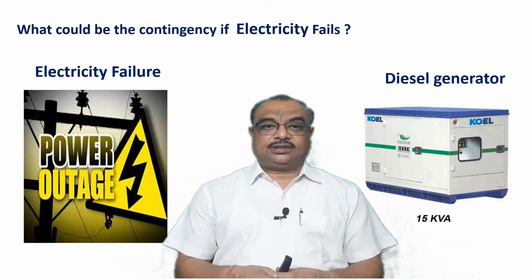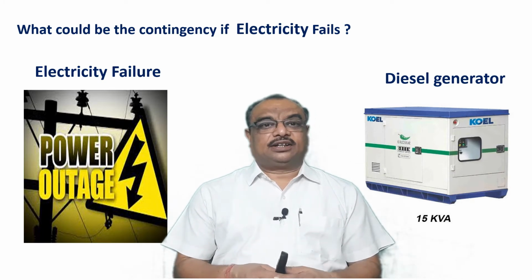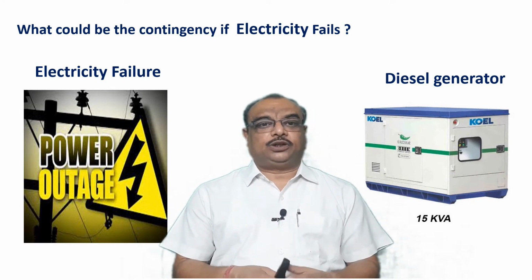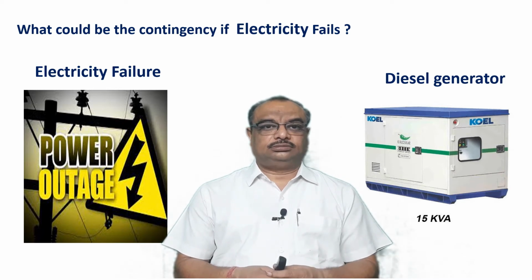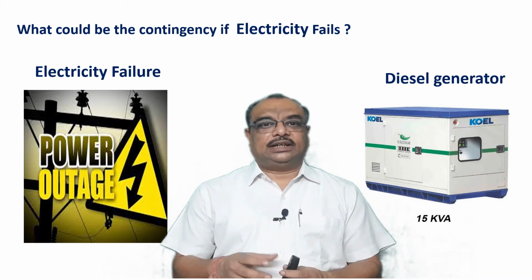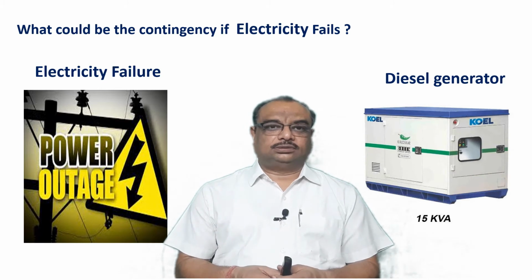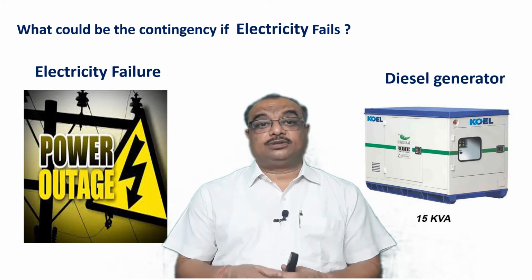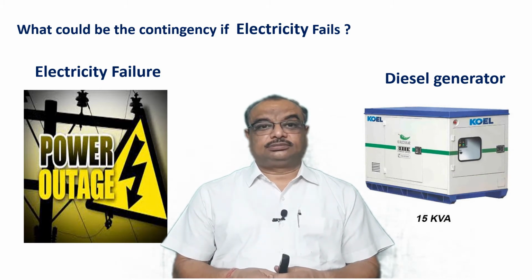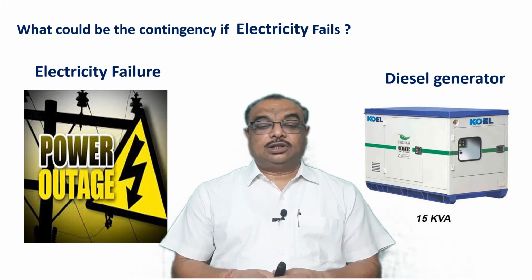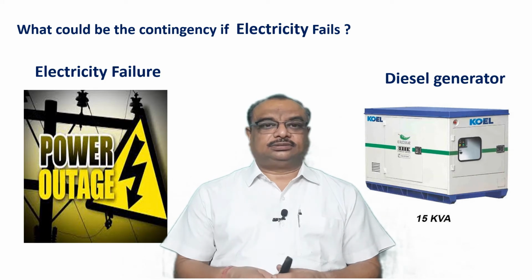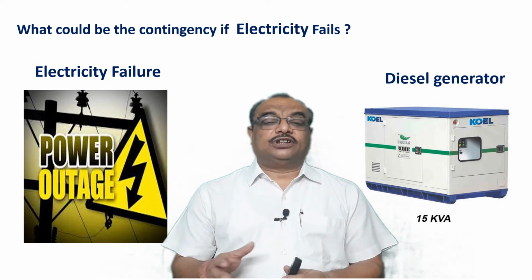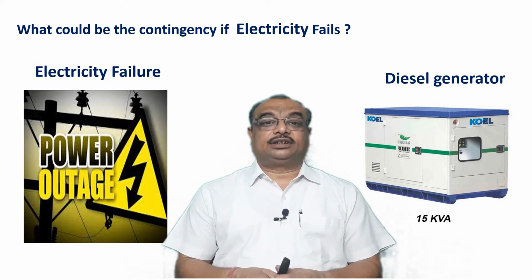So the point is, without identifying the risk related to electricity, if we took the decision, that decision could be wrong, and this could be a burden to the organization. So it is very important to highlight the risk before proceeding further or before identifying the contingencies.